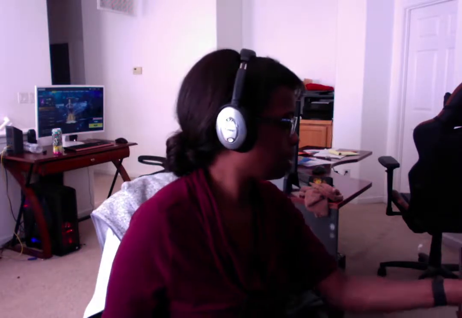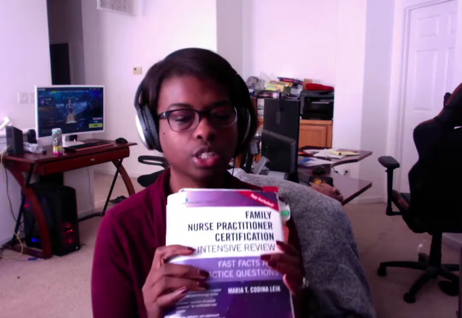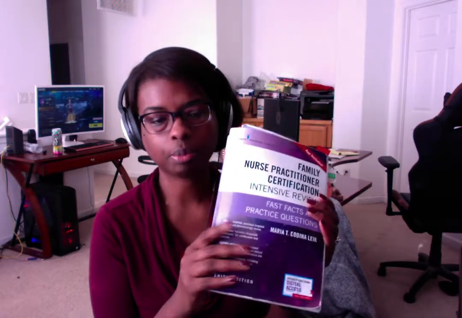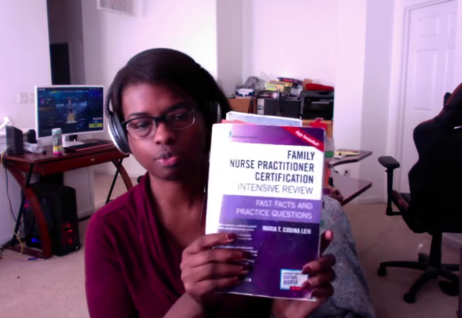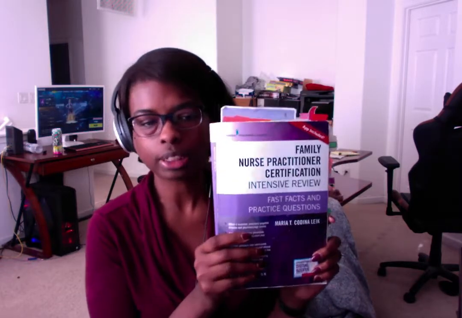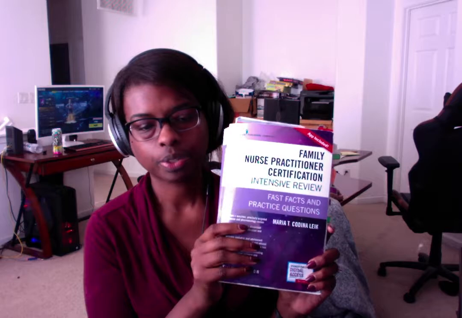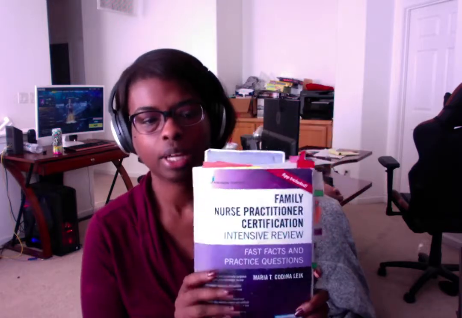The book that I used to help with boards is Leik. I suggest if you're in an NP program that you get this book. It's not only useful for studying for boards, it's useful for studying for your program. What I used to do was take whatever patho problem we were studying and read it in my section of the book.